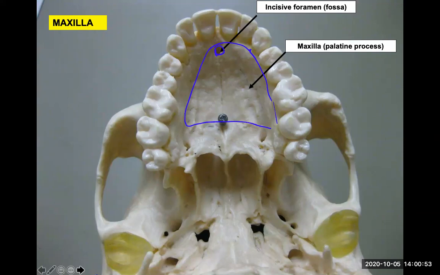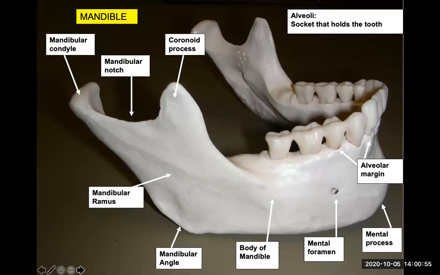Next, we're going to take a look at your mandible. The mandible connects into your skull using the mandibular condyle and the mandibular fossa. So let's just start over here. The mandible has these two processes or extensions.